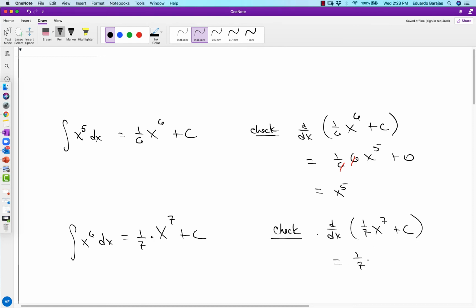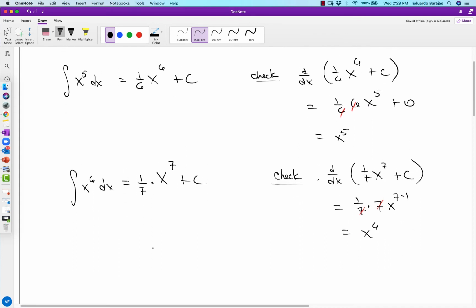So this will be 1/7 times 7 x to the 7 minus 1. And now the 7 and the 1/7 cancel to give me exactly what I was expecting, x to the 6th power. Okay, so we did a couple of these, and hopefully that's enough to see what the pattern is going to be. So in general, if I have the integral of x to the power of n dx, the answer is going to be x to the power of n plus 1.